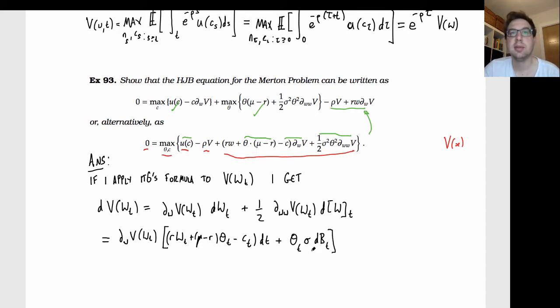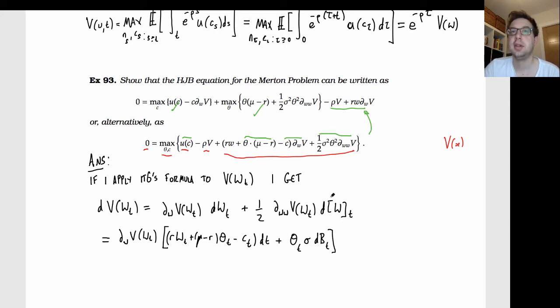This also helps us remember what the quadratic variation is going to be. Remember, the quadratic variation is the part that we pick up from our Brownian motion term. We take the dBt term, turn it into a dt, and then square the coefficient, and that's what we substitute in.